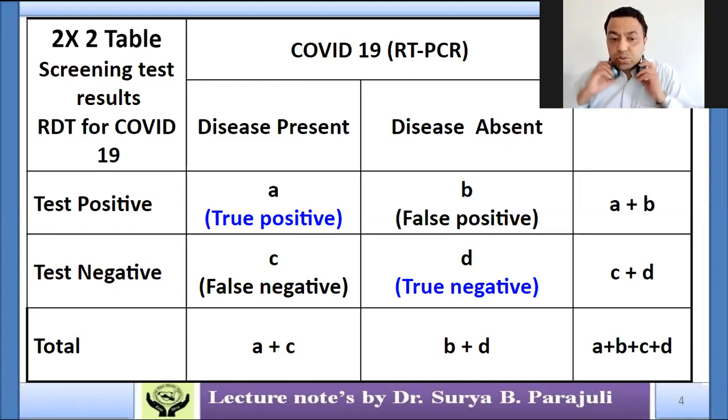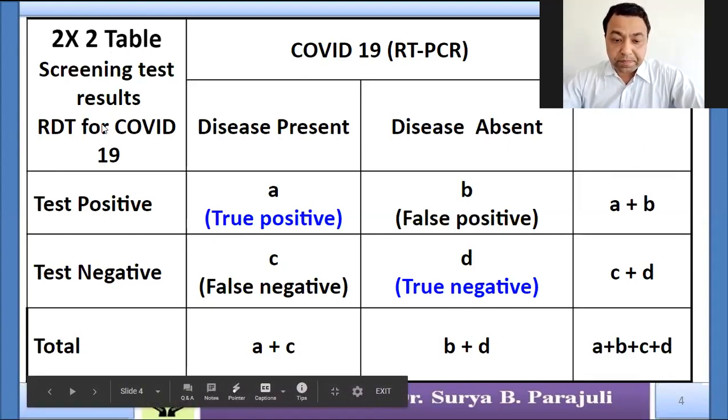Actually, we use a 2x2 table for analysis of sensitivity, specificity, and even positive predictive value (PPV) or negative predictive value (NPV) of any test. Okay, you can see it's a 2x2 table.